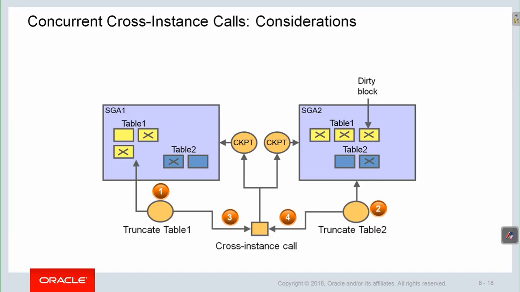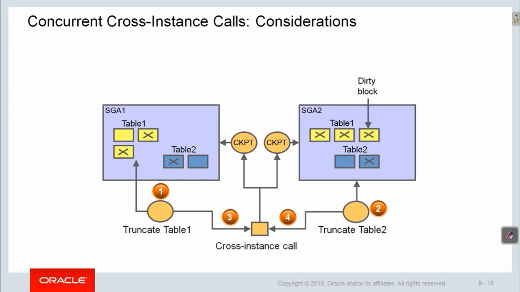Another one is concurrent cross-instance call consideration. Now this is related to drop and truncate. In a RAC environment, when you issue truncate, it does require an object and table level checkpoint.